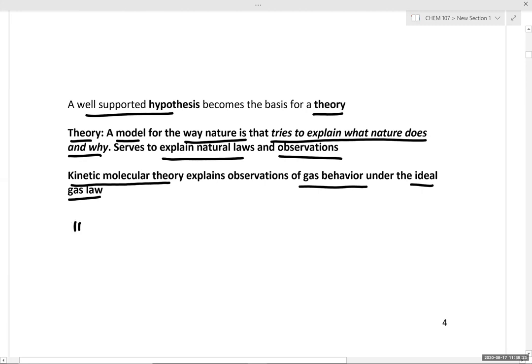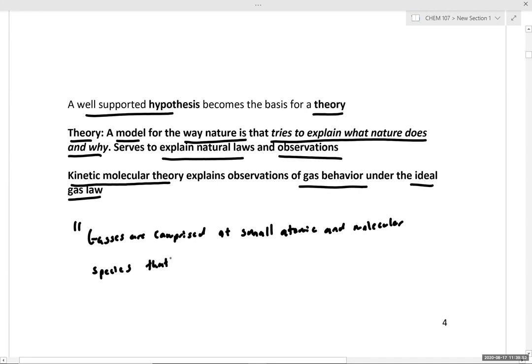And what kinetic molecular theory essentially states is that gases are comprised of small atomic and molecular species that move in random directions with a velocity based on the gas temperature.